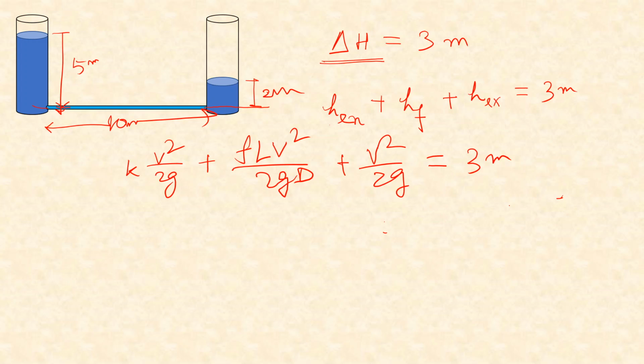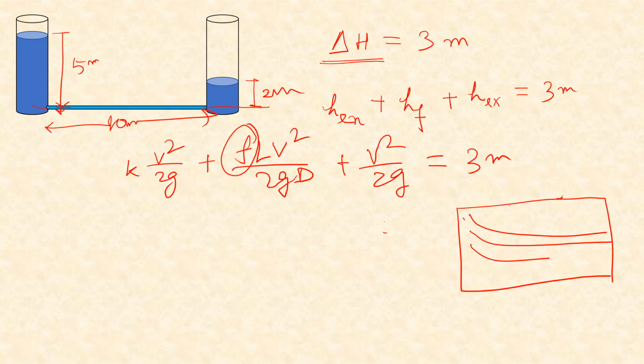So now another thing remaining is f, and that f is the friction factor, which will be representative of the frictional properties in the pipe. Now that can be found from the Moody's diagram, and the Moody's diagram, if you remember, it was a chart like this where lots of curves were drawn like this, and we know that beyond a certain Reynolds number, in this axis we had Reynolds number, in this axis we had the value of f, and these different curves were for different kinds of relative roughness.